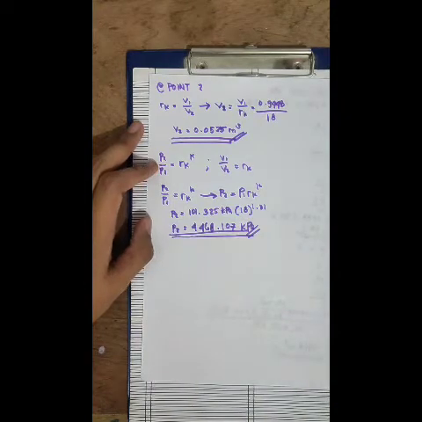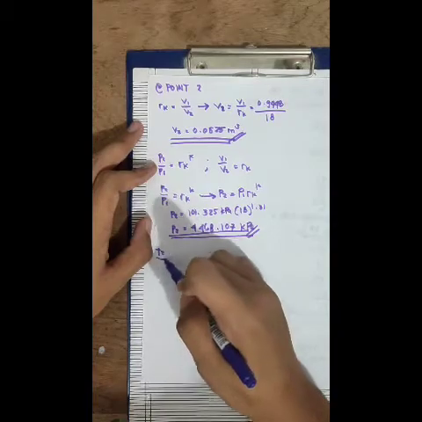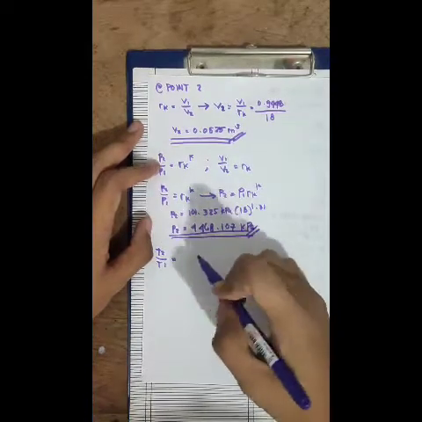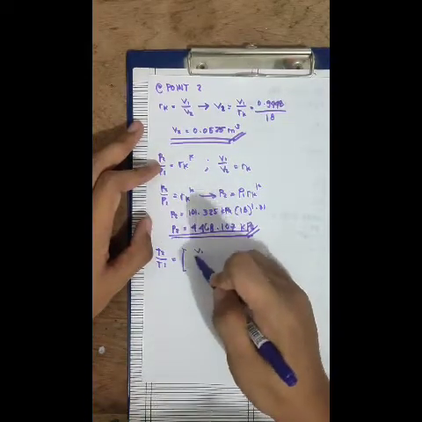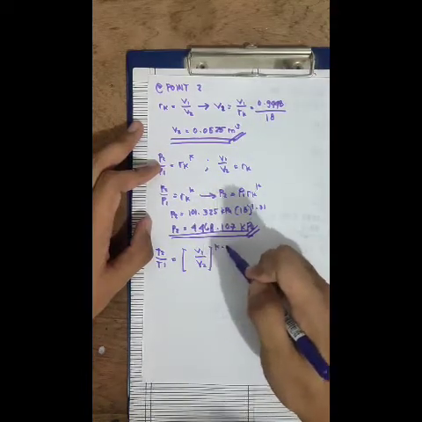So the next one is finding the temperature 2. We use this formula, T2 over T1 is equal to V1 over V2 raised to K minus 1.